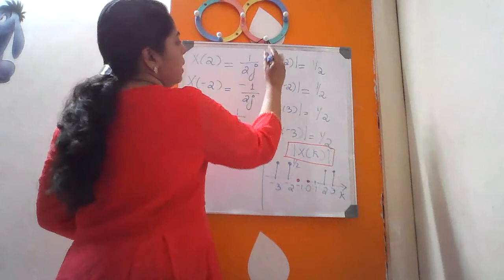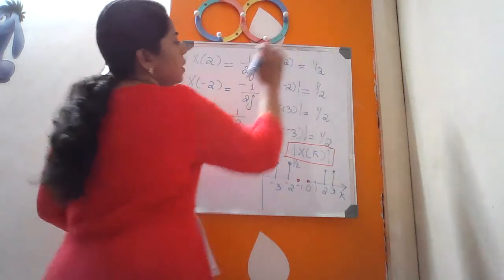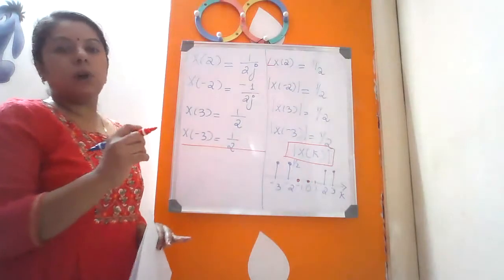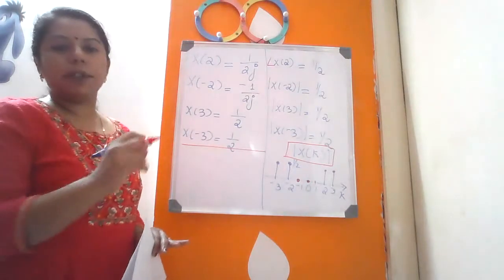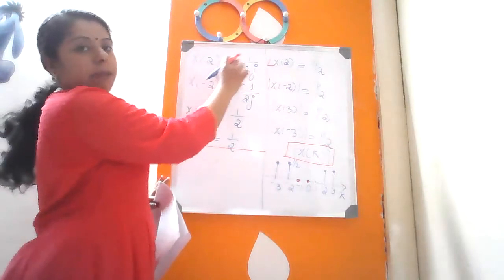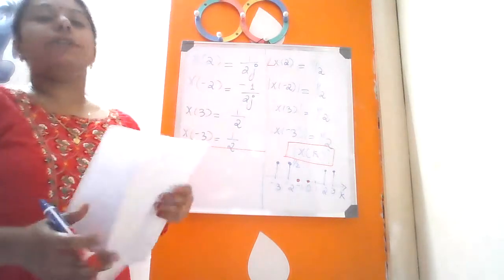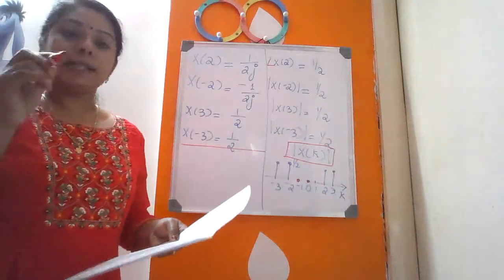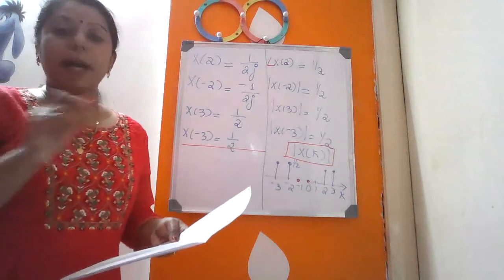Okay, so I'm just changing this to the angle part. We know how to find the angle. It is tan inverse of the imaginary part divided by the real part. In this case, the imaginary part is 1 by 2, the real part is 0. That is, you are getting tan inverse of 1 by 2 by 0.